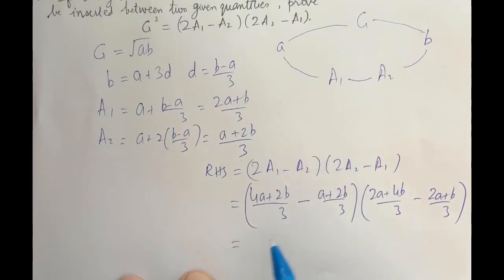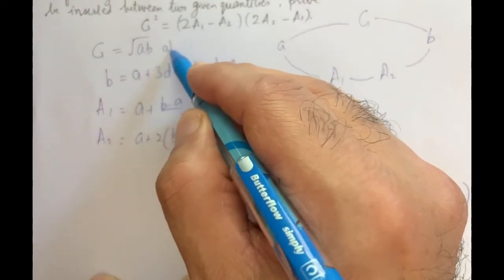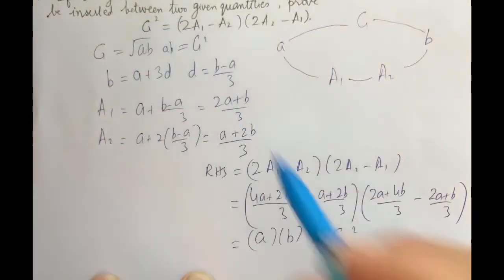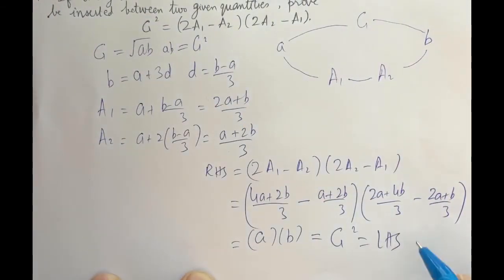This simplifies to 4a, 2b will cancel out, 4a minus a is 3a upon 3, this is a. Similarly, this is b, and this is equal to, what is a into b equal to? A into b is g square. So this is g square, and this is same as the left hand side. This is how we prove it.